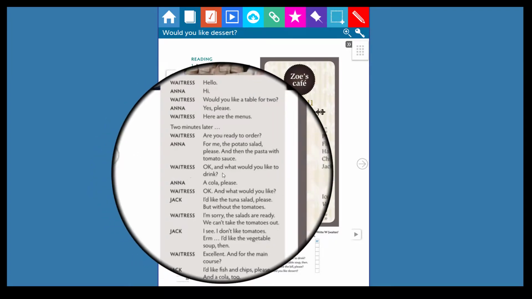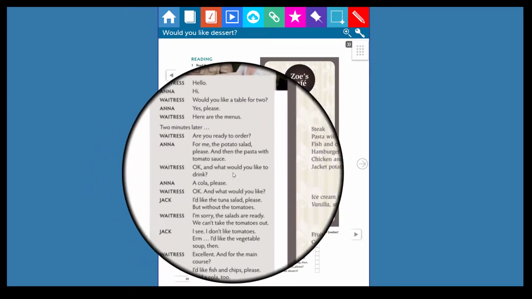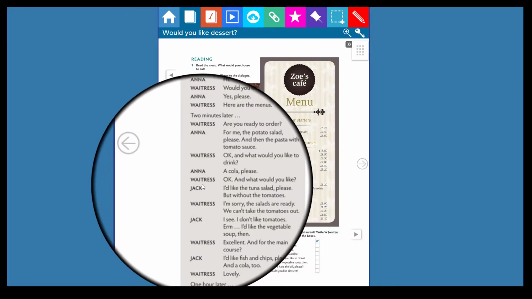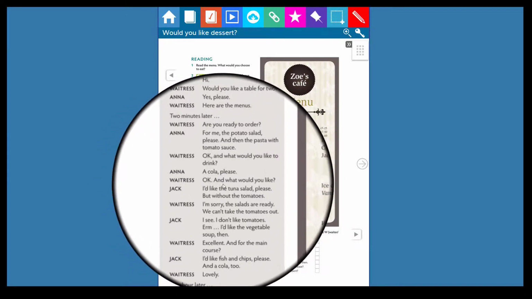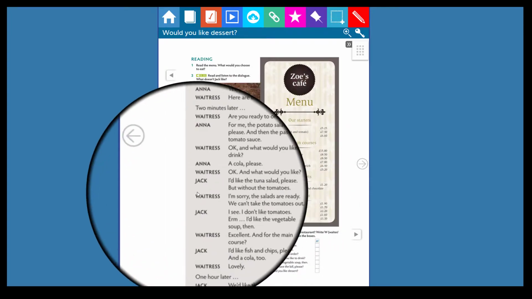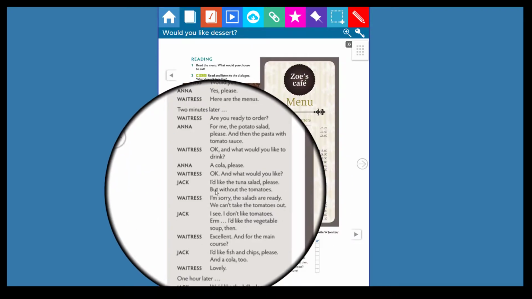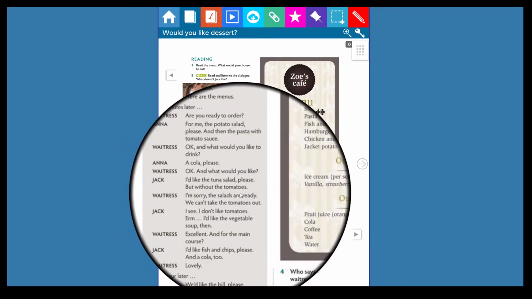The waitress says, "Okay, and what would you like to drink?" Anna: "A cola, please." The waitress said again, "Okay, and what would you like?" Jack says, "I'd like the tuna salad, please, but without the tomatoes."